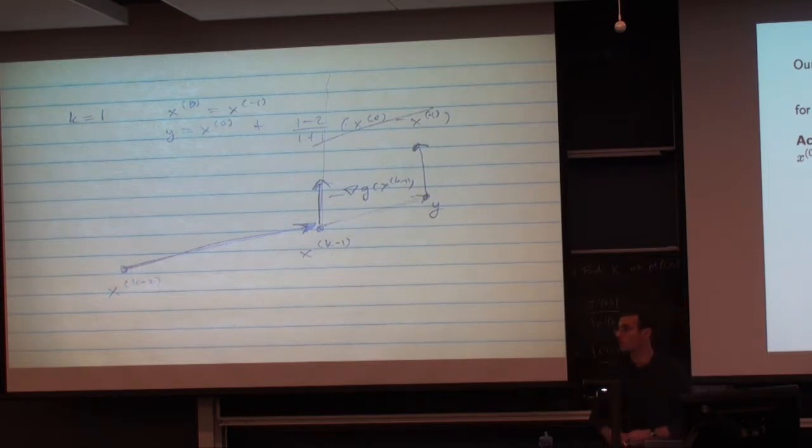Question? Is this somehow related to conjugate gradient descent? I wouldn't actually relate the two in my mind, but it might be. Maybe you'd have to ask me after class. Do you have an answer for that?